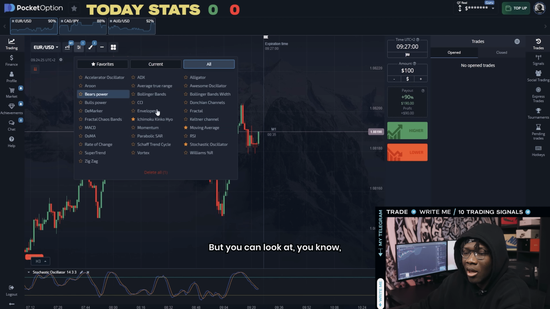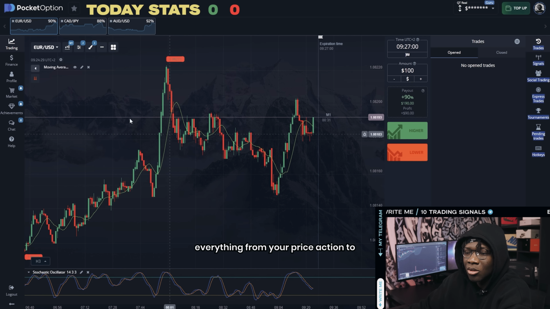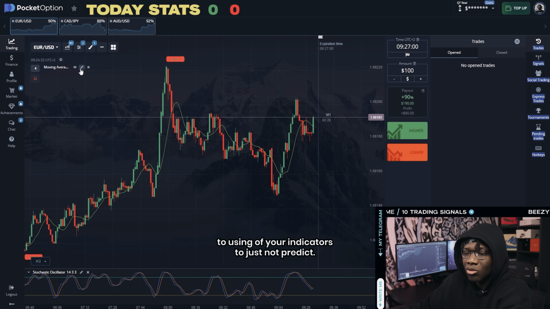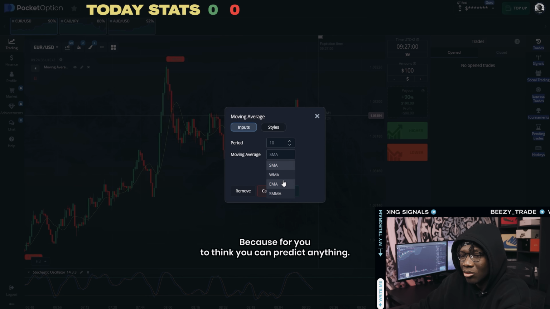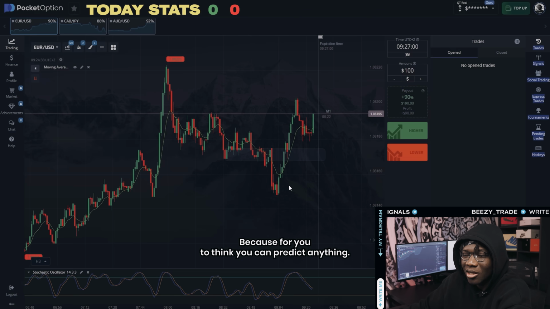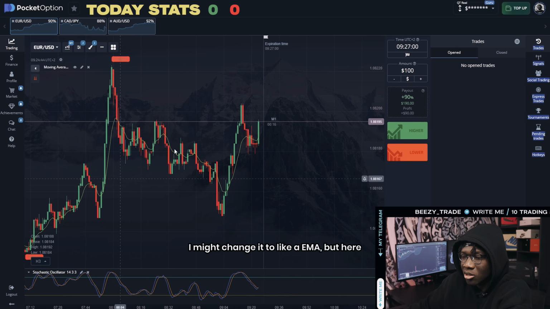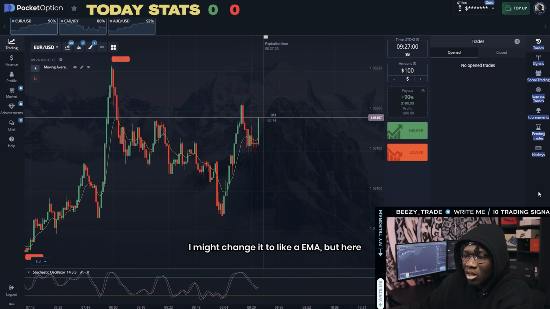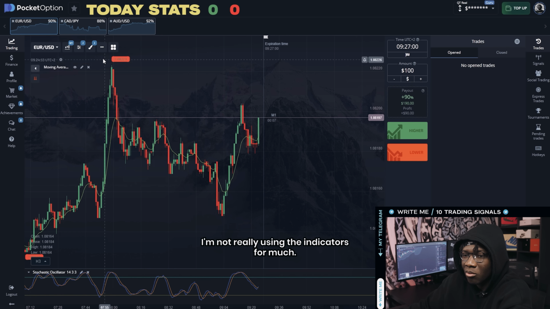But you can look at everything from your price action to your indicators to just not predict, because who are you to think you can predict anything, right? So I'm using a regular moving average. I might change it to an EMA, but here I'm not really using the indicators for much.